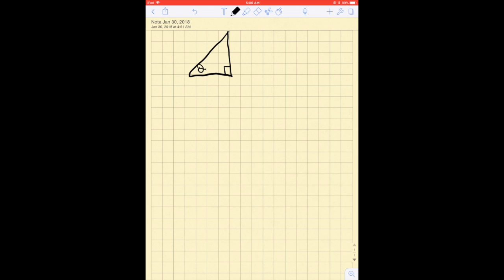If we call this bottom left corner theta, the side that's opposite will be this side. So this is opposite. The side that is touching theta is called the adjacent. And the side that's opposite the 90-degree angle is called the hypotenuse.